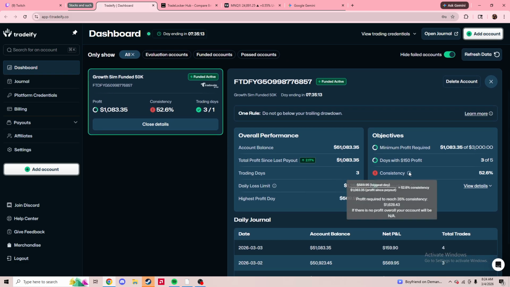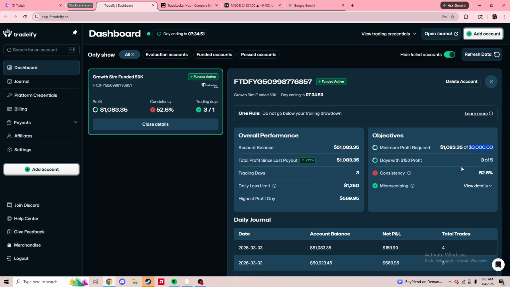Here we have the consistency, which is basically the maximum you're allowed to make in a day. These accounts have a 35% consistency, meaning out of this $3,000, I'm only allowed to make 35% of it in one day.